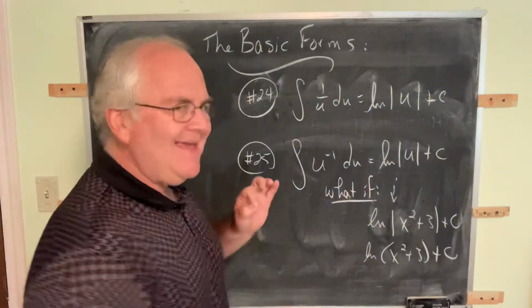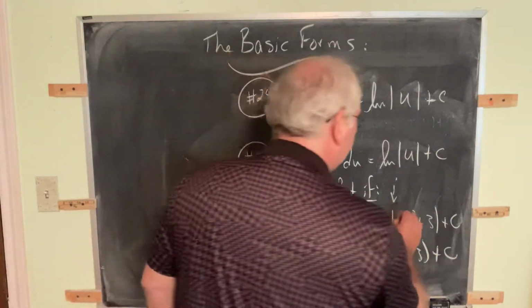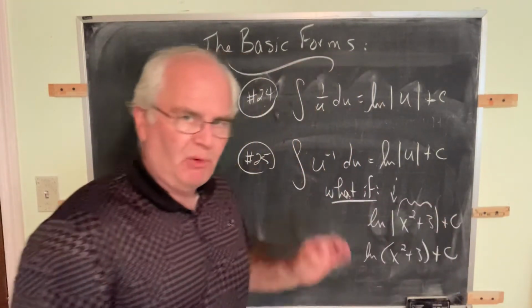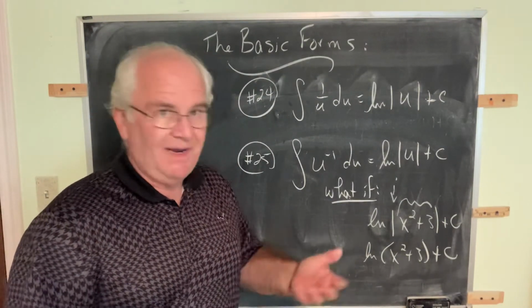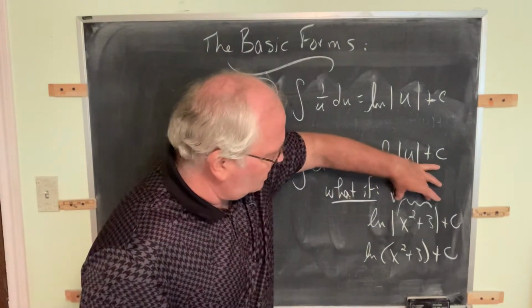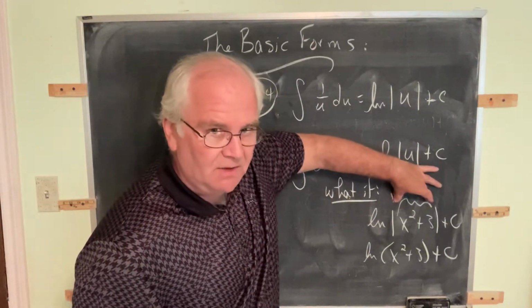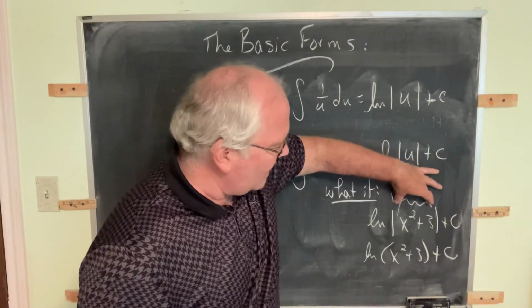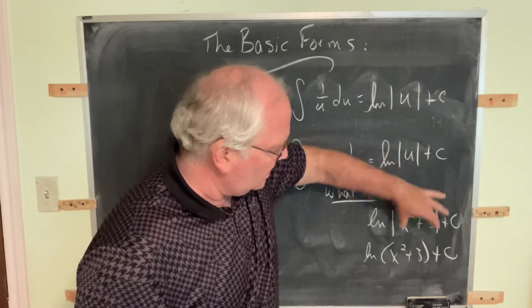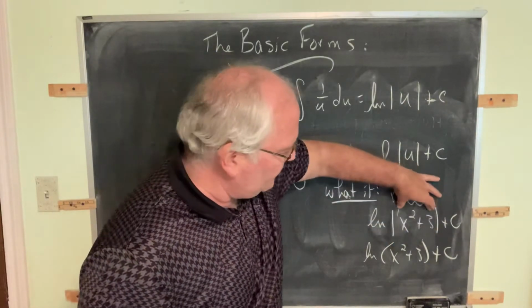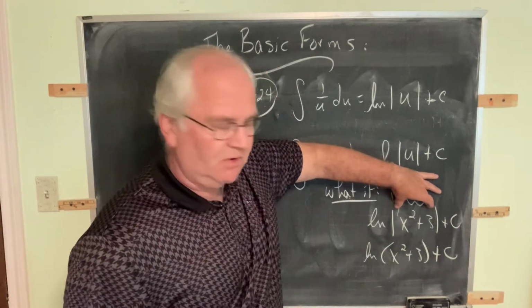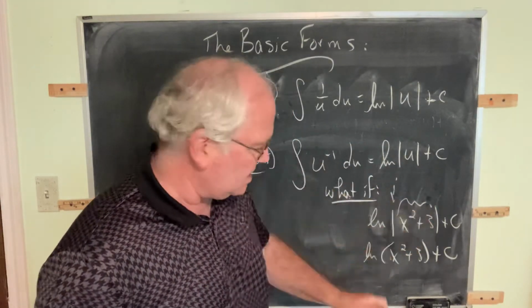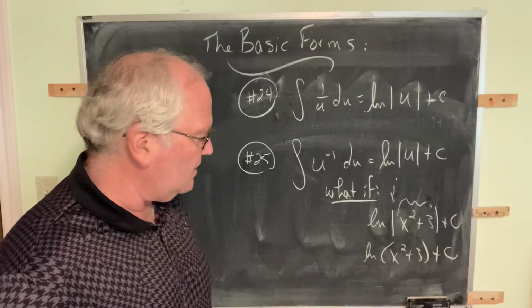However, if the quantity in question cannot be negative, if something is not negative, the absolute value of that quantity is the quantity. And so if this quantity can never be negative, the text will never write this with absolute value. It will actually simplify the result and not use the absolute value.